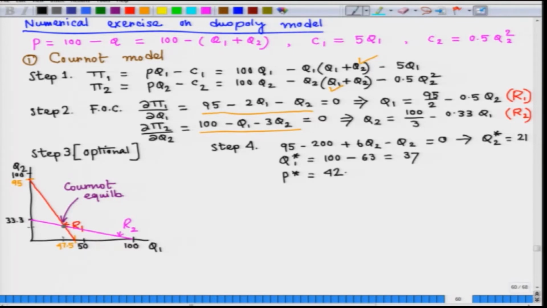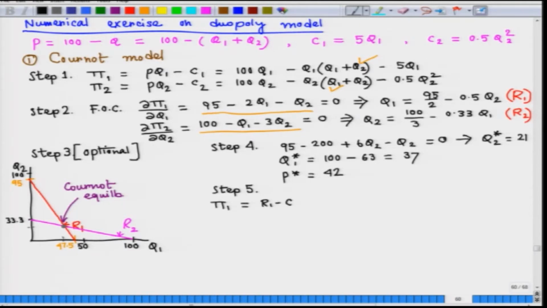Okay. Now, the next step would be to compute the profit, and this is required if we want to compare the Cournot model outcome with the Stackelberg model outcome. Okay. So, now let us look at the profit expressions for individual firms.